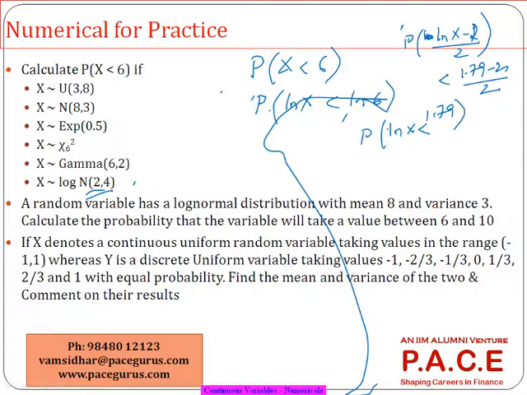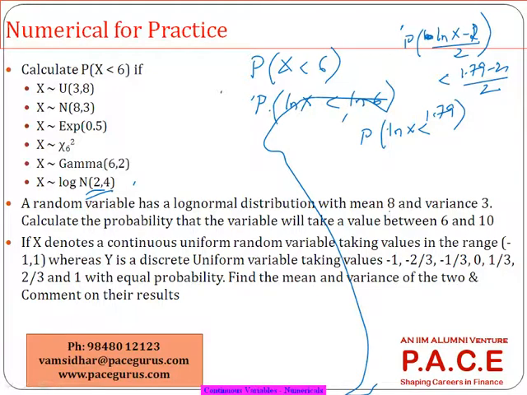For a uniform distribution, I need 2, which are the intervals. For an exponential distribution, I just need the lambda. For a chi-square distribution, I just need the degrees of freedom. For log normal, I need mu and sigma. For a gamma, I need alpha and lambda. Just by knowing that, I can find out any probabilities. That's the simple thing which we are trying to drive in this example.